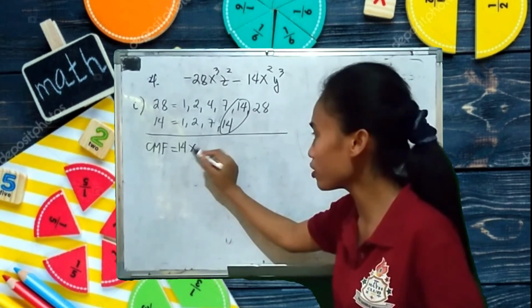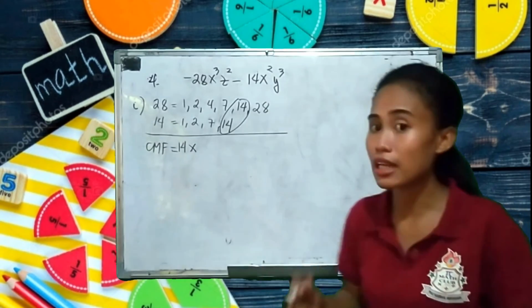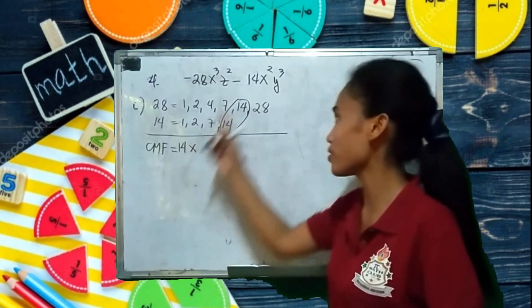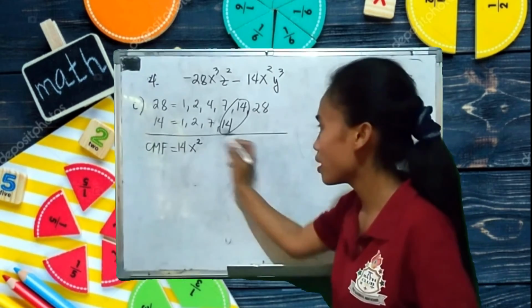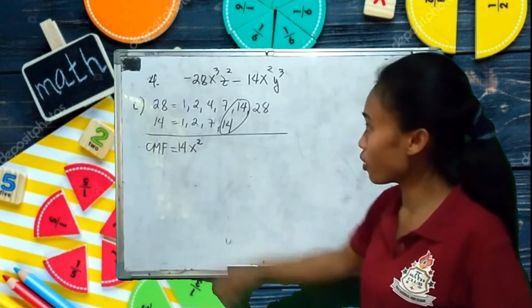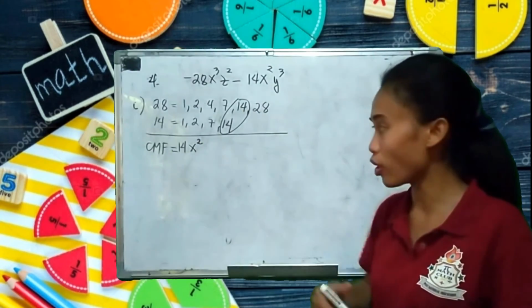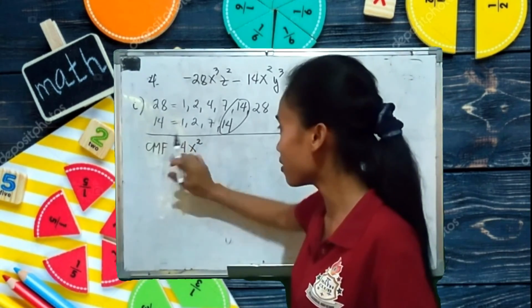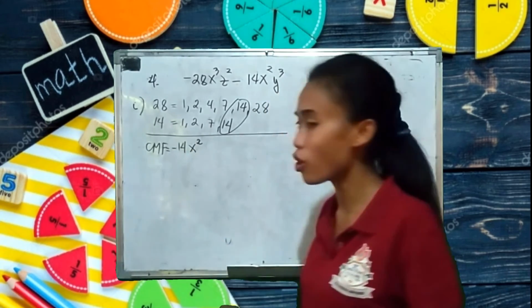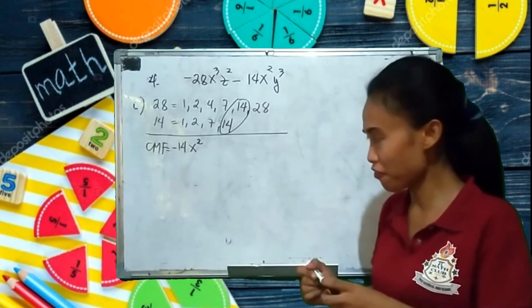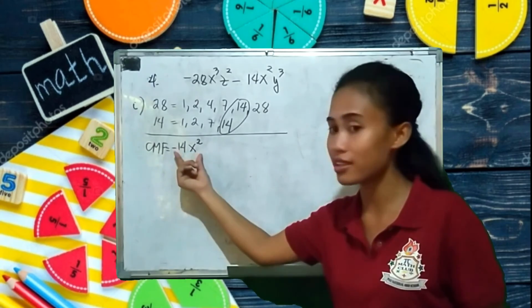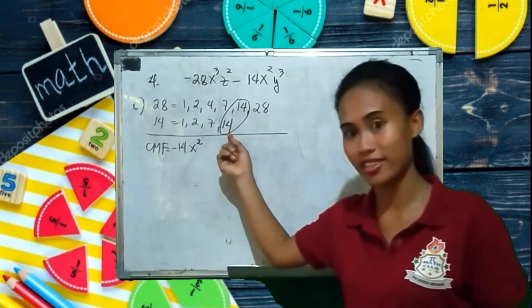But this time, we consider the least exponent of x. So that is 2. But as you also notice, there is a negative sign to both the terms. So we also consider negative as one of the common factors. Therefore, the CMF now is negative 14x squared.